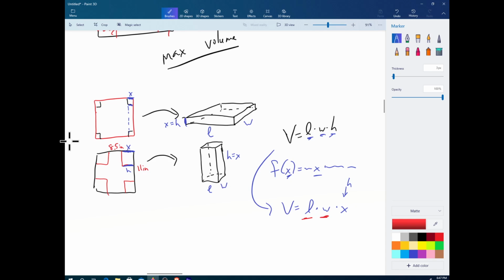And do you remember, this means here that this length of this flap here, just from here to here, is going to be the same as this length here. And the same sort of idea here to here will be the width of my box. And we want to find a way to take the small l and the small w and get rid of them.